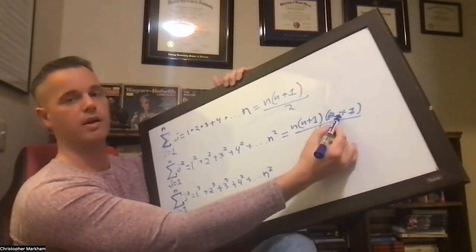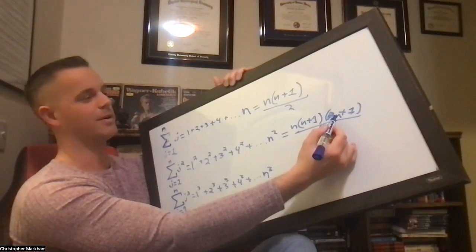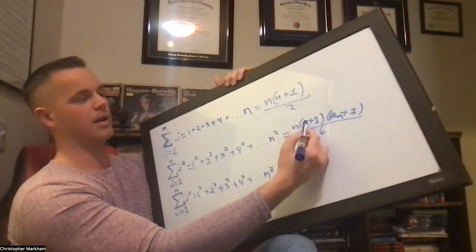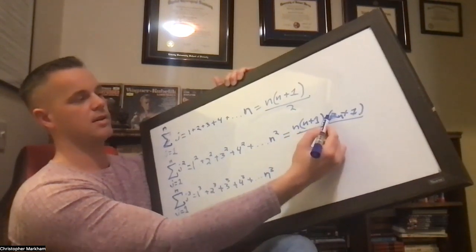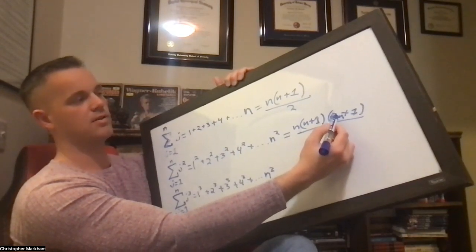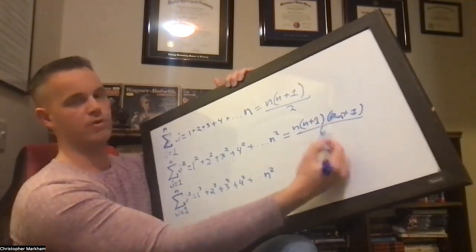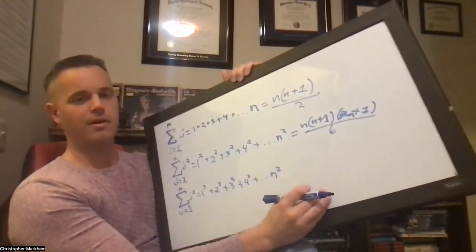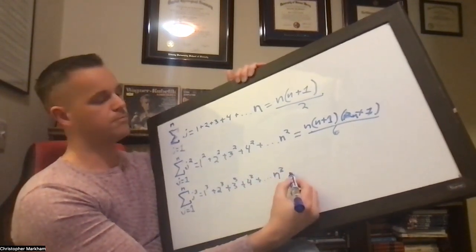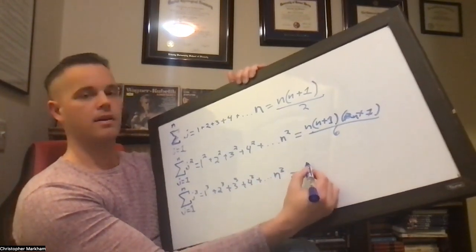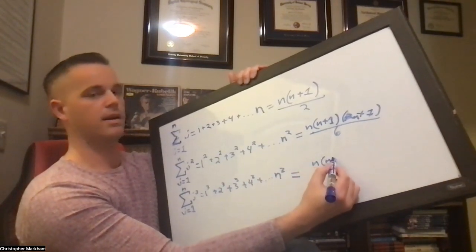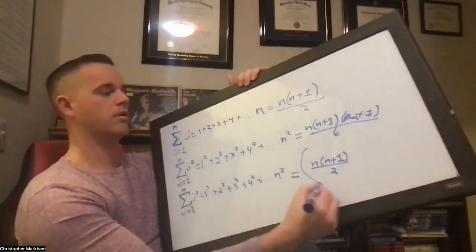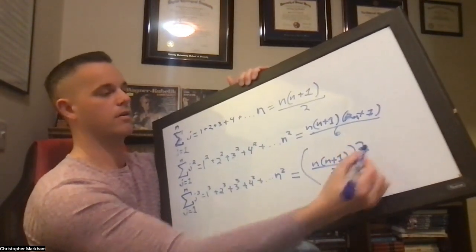That's supposed to be a 2n. It's hard to write and make sure it's grabbing it on the camera. So n multiplied by n plus 1 in parentheses, times 2n plus 1 in parentheses, over 6. And then the third one is like saying n times n plus 1, over 2, and the entire thing squared.